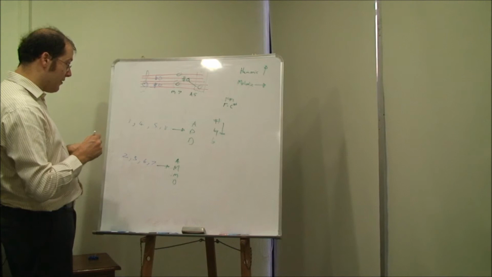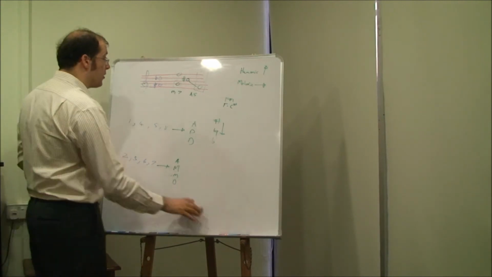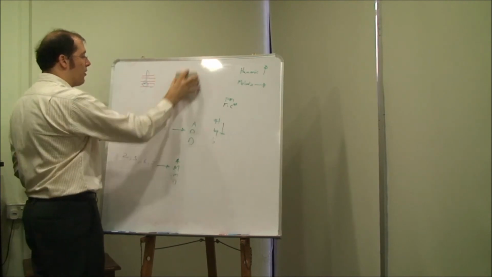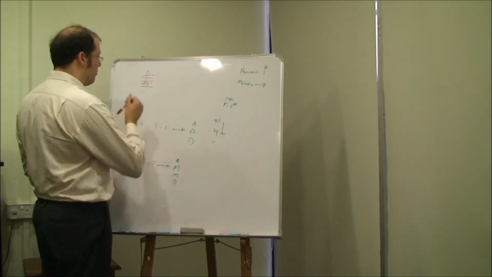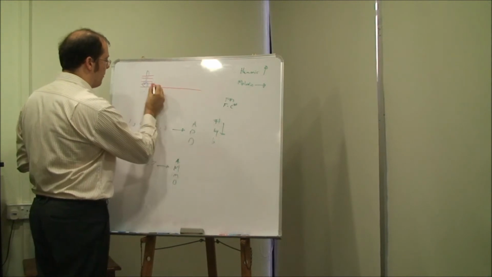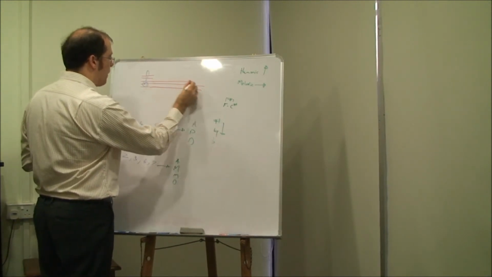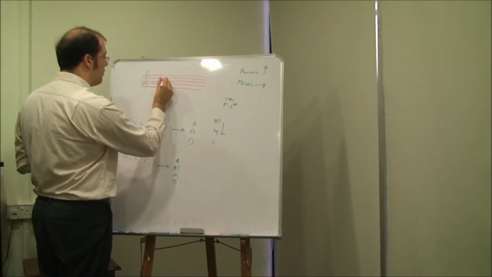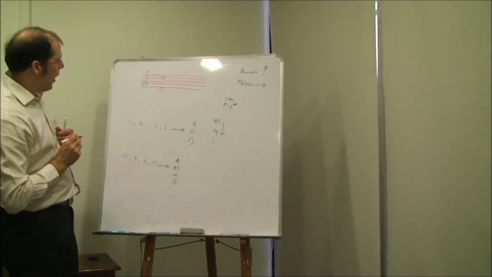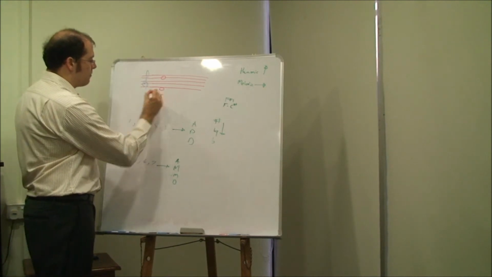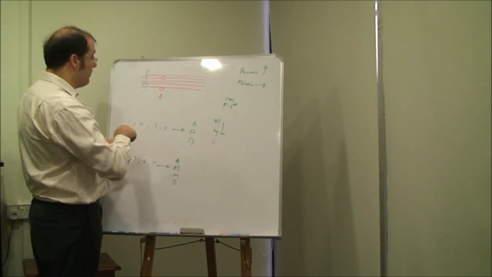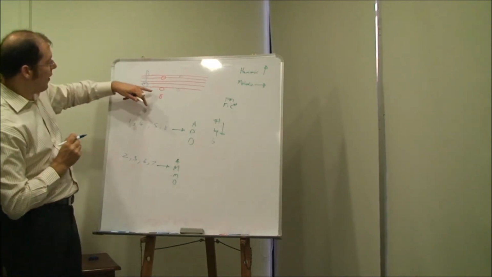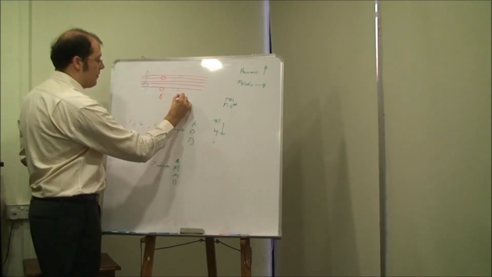Okay, there's just one other thing, which is compound intervals. When we have intervals that are bigger than an octave, there are two ways that we can approach it. Let's just go here, let's say D to D. So that's an octave. Now if we go one step bigger, that'll be a ninth.